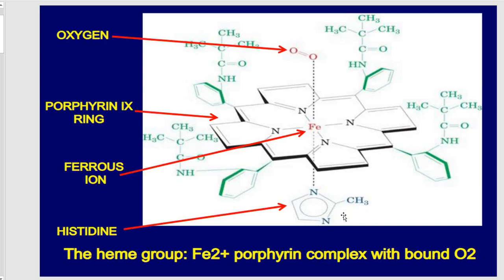This histidine is an amino acid from the globin part of hemoglobin or myoglobin. Histidine is one amino acid from the polypeptide chain of the globin part. And this is the heme group, which is present in both hemoglobin and myoglobin.